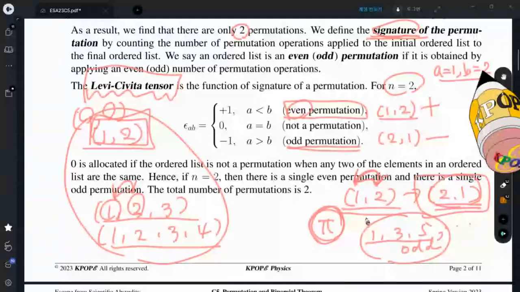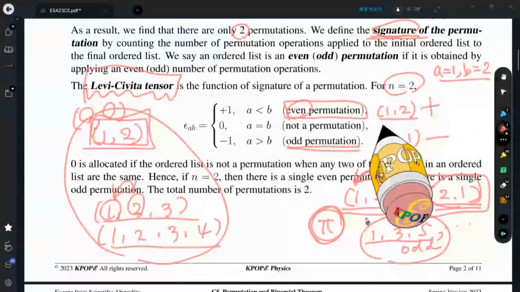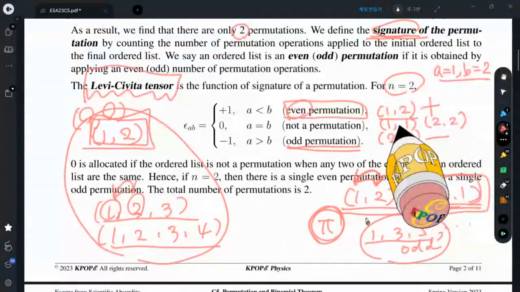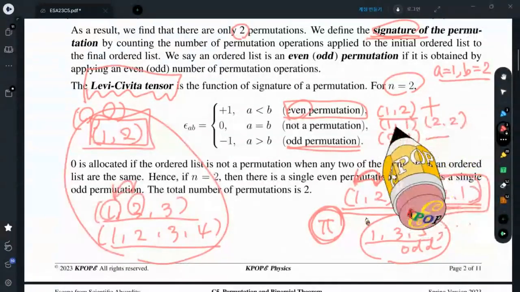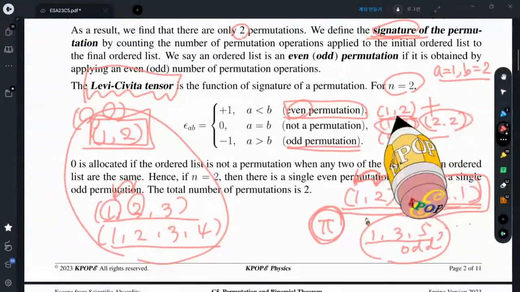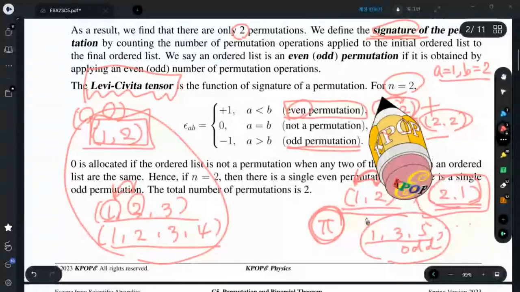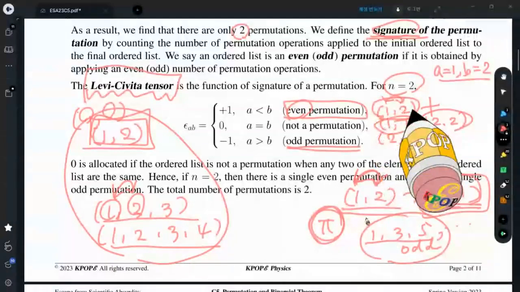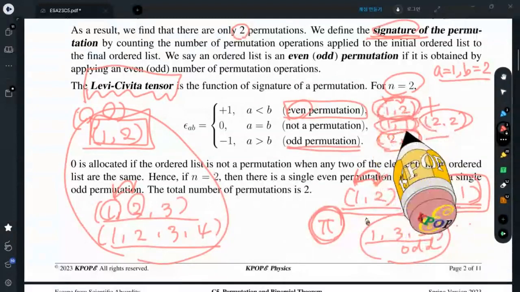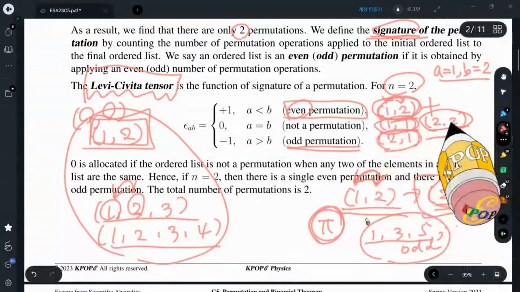So we allow the same values, for example, 1, 1 and 2, 2. In that case, these two cases cannot be obtained by any permutation of 1, 2, because permutation of 1, 2 can only generate either 2, 1 or 1, 2. So we say 1, 1 and 2, 2 are not permutations.